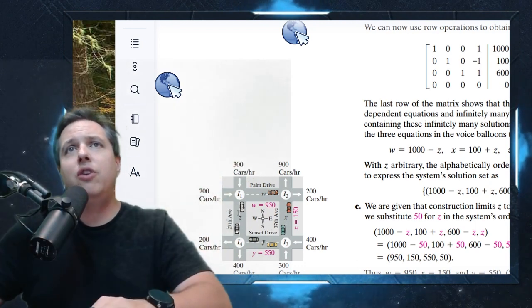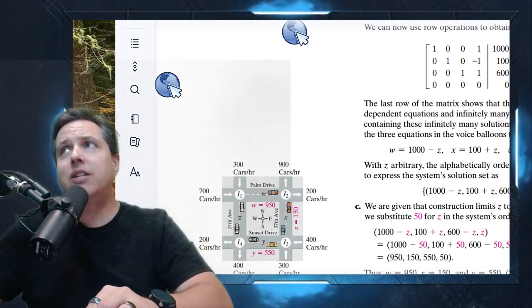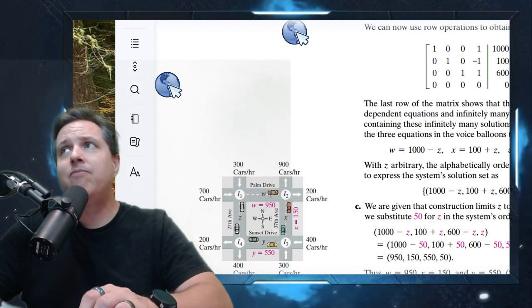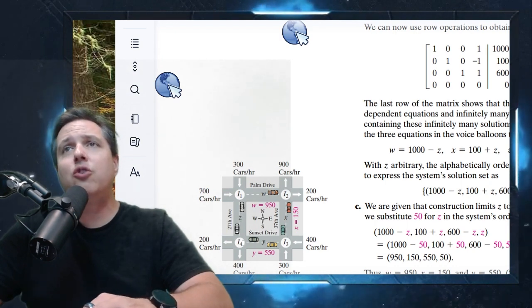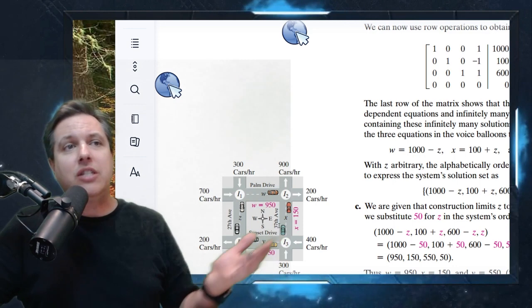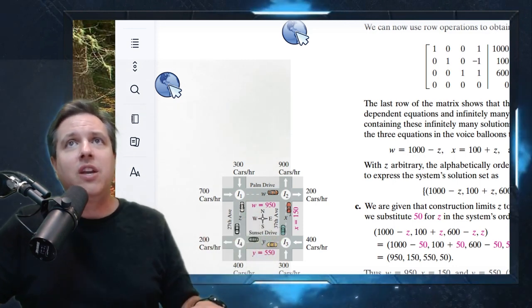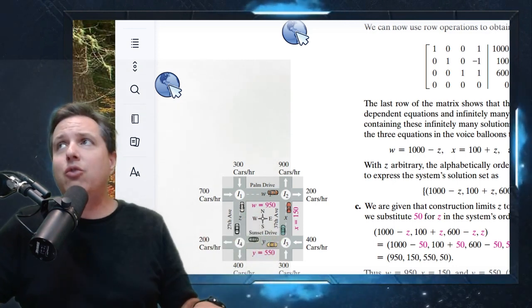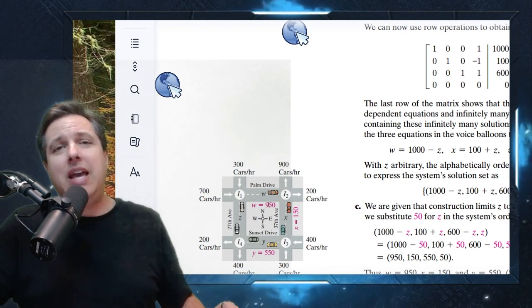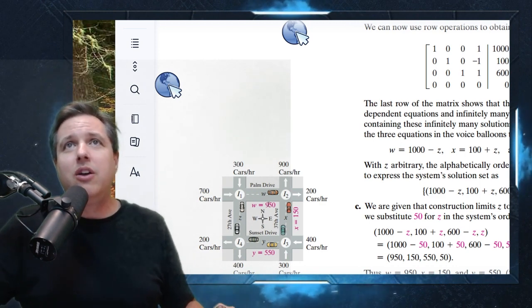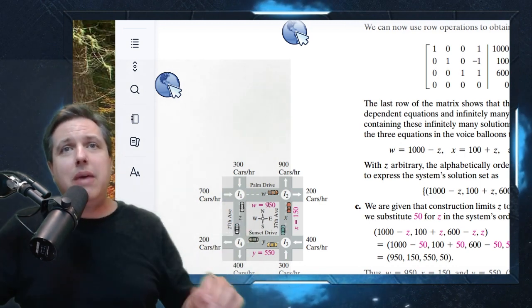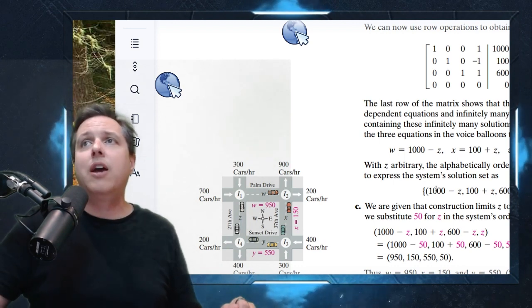So this will tell you if traffic is restricted to 50 cars an hour on Z, what's that going to do to the other streets over here? And then you can see if your city can handle that on those streets. If this is Palm Drive, a residential neighborhood, it probably can't handle 950 cars an hour. If it's a pretty main street, then maybe it's going to work out okay.